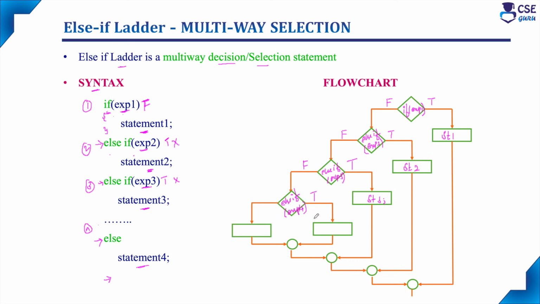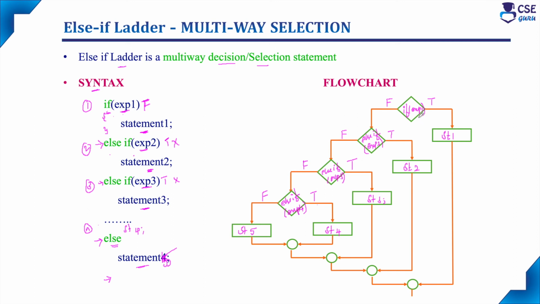If this is evaluated to true, it will execute statement 4 and control will transfer out of the else if ladder. Suppose this expression 4 is also evaluated to false, automatically it will go to the else statement and execute statement 5.